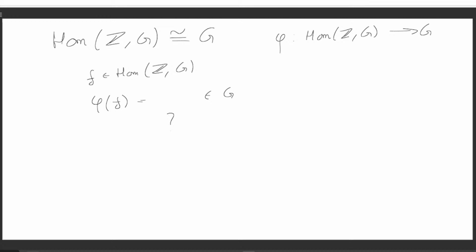Fine. So f of 1, the key thing there is that it determines the homomorphism. So you take f of 1, so that this is an isomorphism. It is definitely well defined.